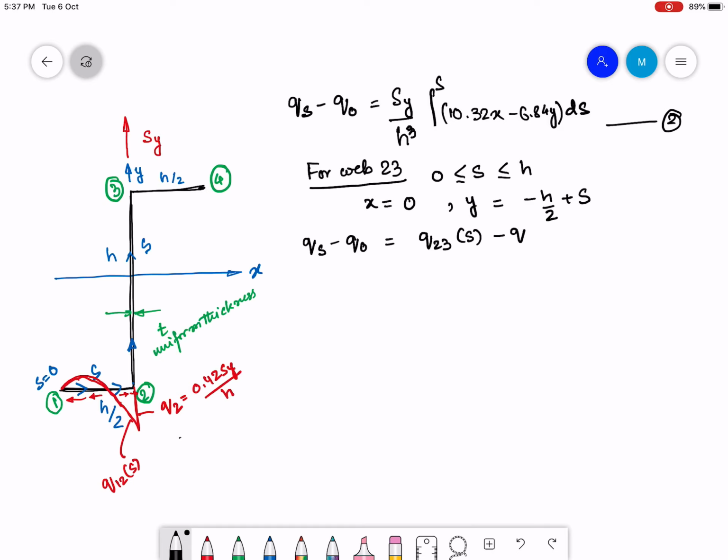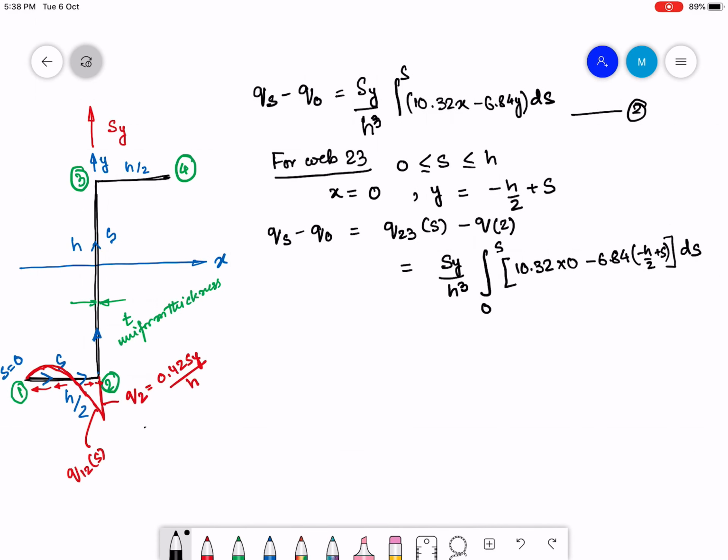Now 0 here is 2. So Q0 is basically Q at point 2, and that is going to be equal to Sy by H cube, integral 0 to S, of 10.32 into 0, X is 0, minus 6.84, Y is minus H by 2 plus S, into ds.